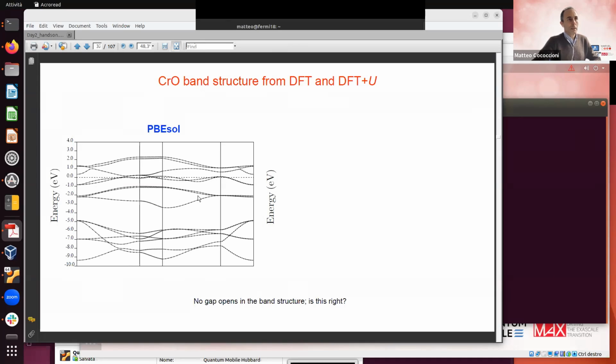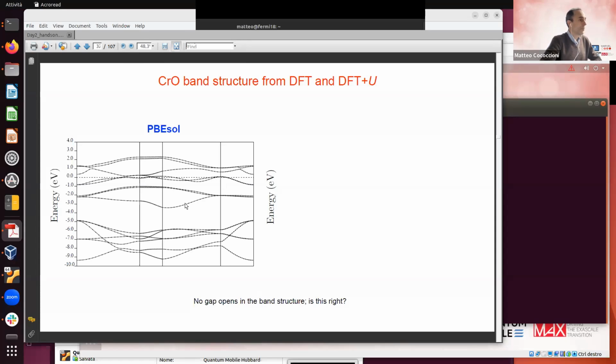But since they are partially filled, this manifold of states crosses the Fermi level. So that's how our band structure calculation renders the partial filling of the D states of the transition metal.